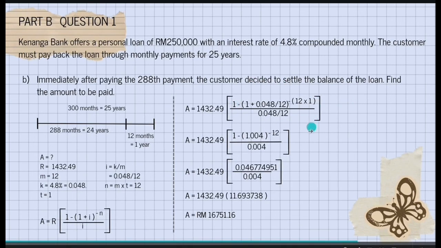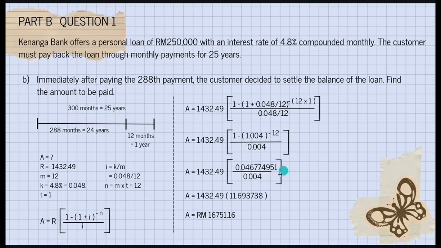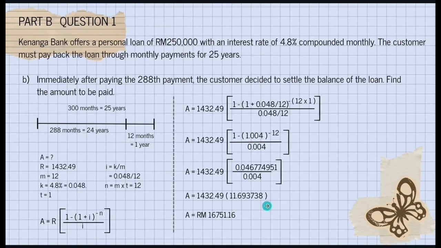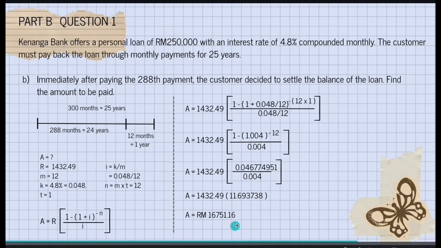Next, we calculate the brackets part step by step using the calculator. So our equation now is A equals 1,432.49 times 11.693738, equals 16,751.16. So the amount to be paid is RM 16,751 ringgit 16 cent.